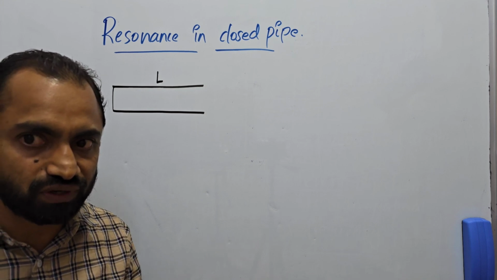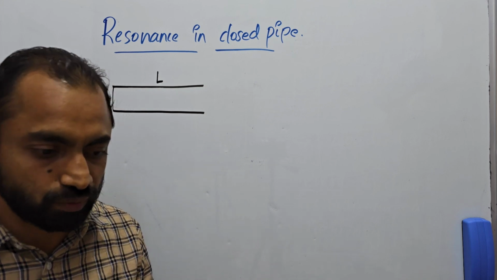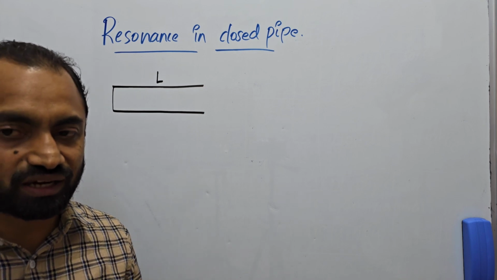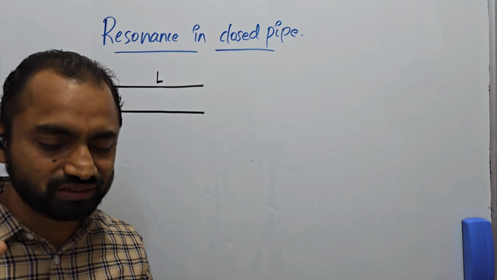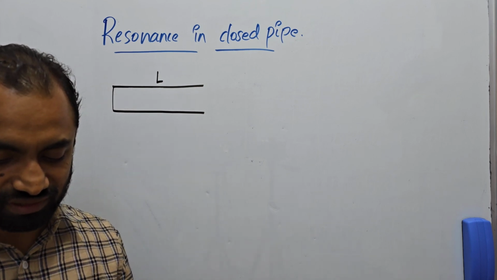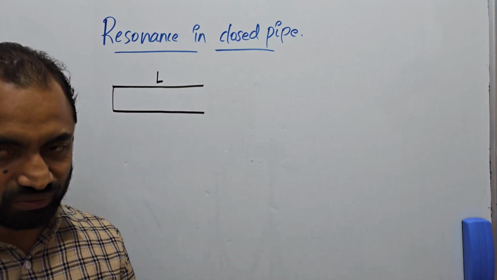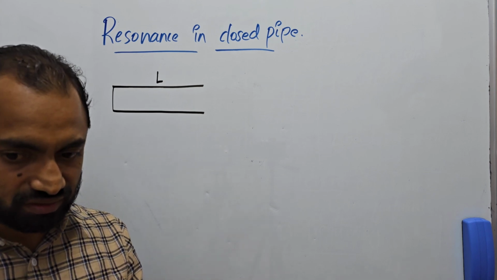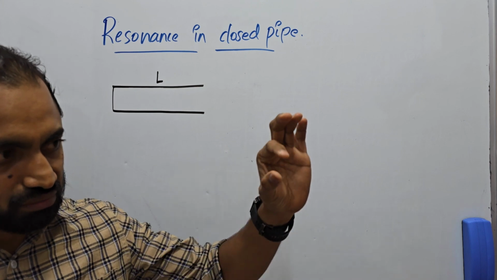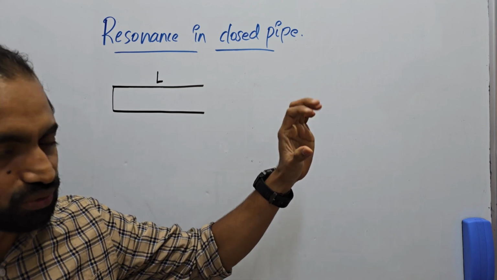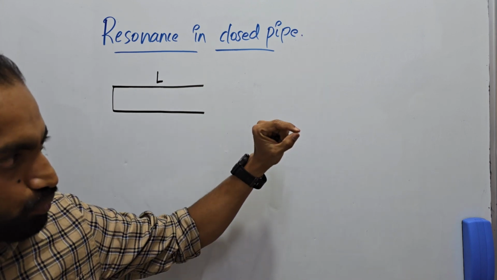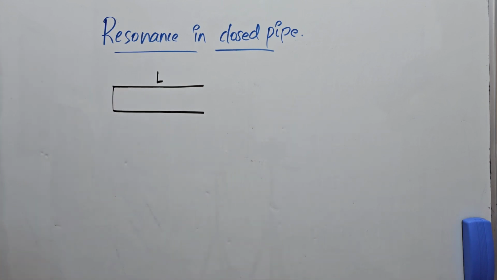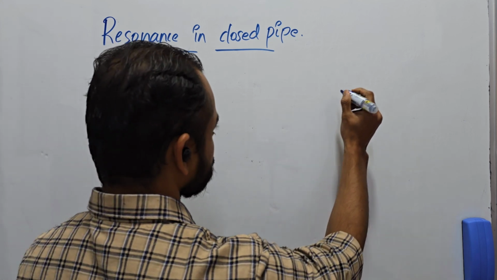Yeah, high amplitude. Very good. In a standing wave, there are two things: minimum or zero amplitude, and high amplitude. What is the name of the points of zero amplitude? Nodes and antinodes, right?